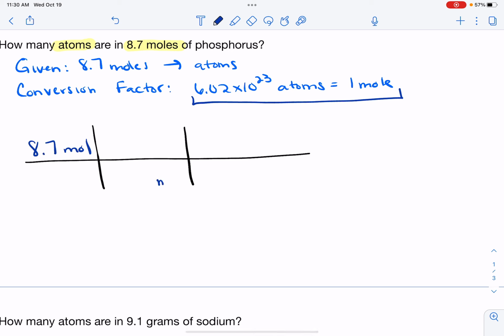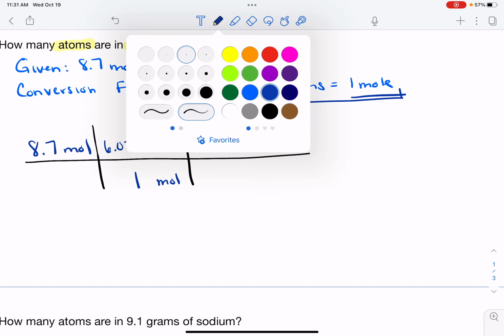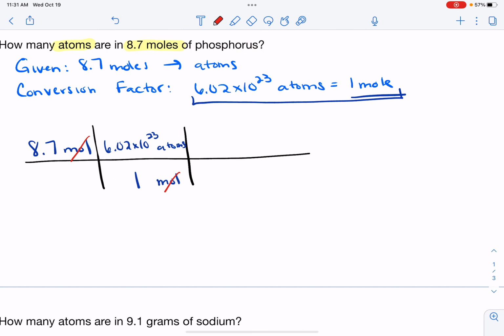So I need moles to be on the bottom. And so here I have 1 mole, and that's equal to 6.02 times 10 to the 23rd atoms. So that's what I'm going to put on the top. 6.02 times 10 to the 23rd atoms. Okay? Now, since moles is on top, moles is on the bottom, it's going to cancel. I'm going to be left with atoms, which is what I want.